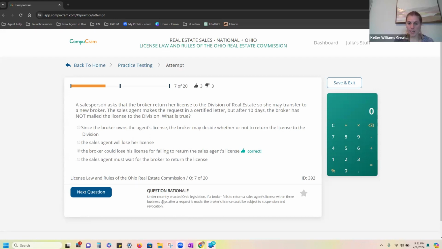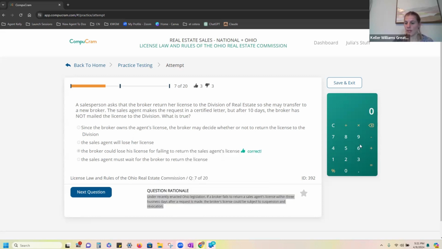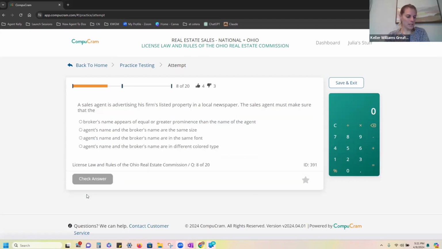Under recently enacted Ohio legislation, if a broker fails to return a sales agent's license within 3 business days after a request is made, the broker's license could be subject to suspension or revocation. Oh, it's 3 days. A lot of times you can just do transfers online now. So it's a quicker process.